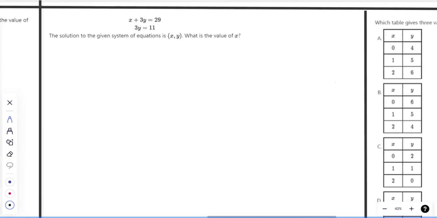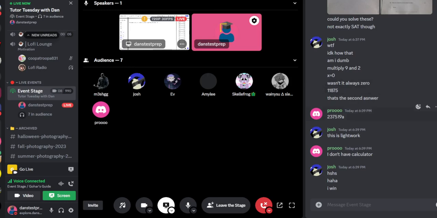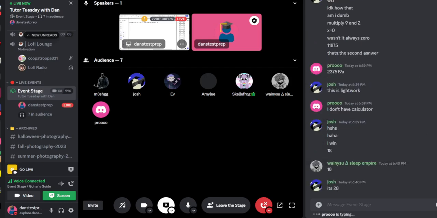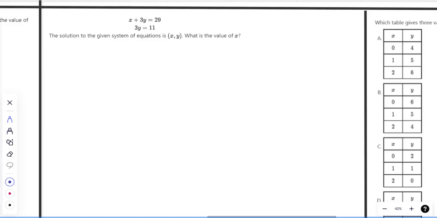Okay, this one says the solution to the given system of equations is x comma y. What is the value of x? Here, maybe you guys can get it in the chat faster than I can explain it. I mean, definitely, I think you can. Yeah, 18 is correct.